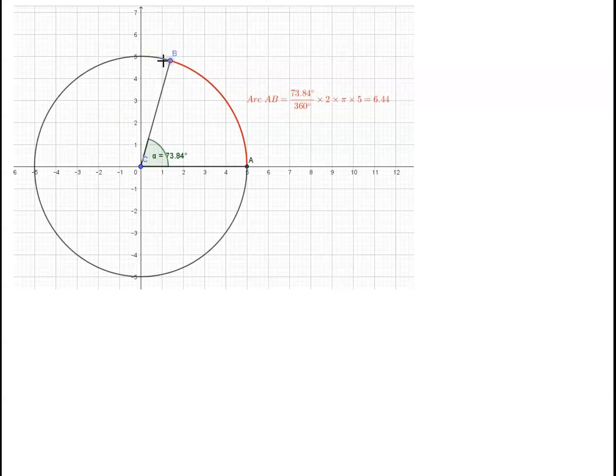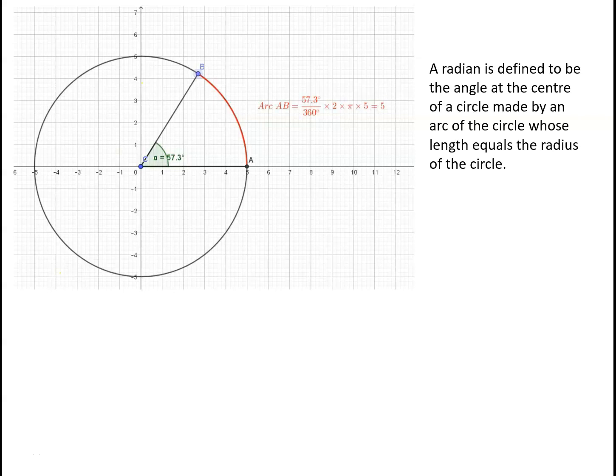If we now allow the angle to decrease slowly, we find that the arc length decreases, and when we get to an angle of 57.3 degrees, we see that the arc length is very, very close to being the same as the radius. 1 radian is defined to be the angle at the centre of a circle made by an arc of the circle whose length is the same as the radius of the circle.